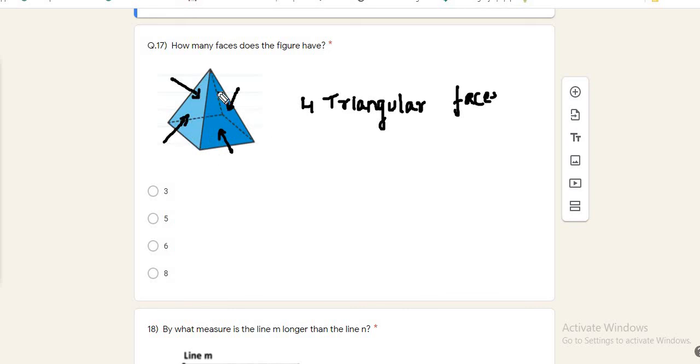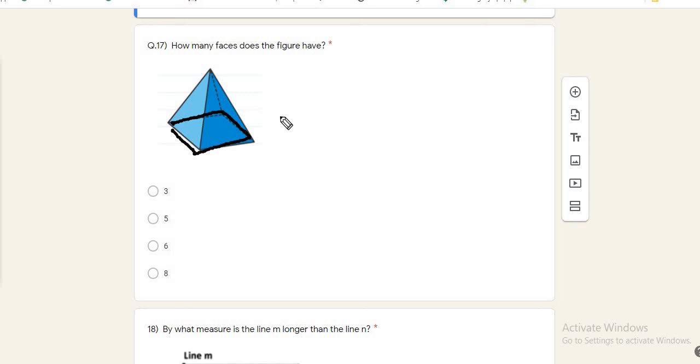So these are the 4 triangles and one quadrilateral base. So 4 triangular faces, one quadrilateral face. So 4 plus 1, 5 faces. So B is the correct option.